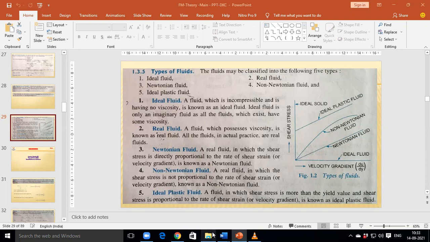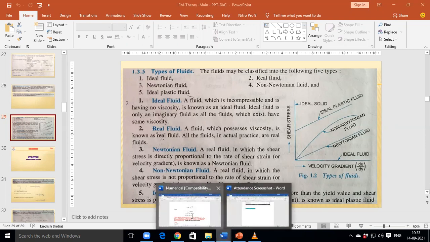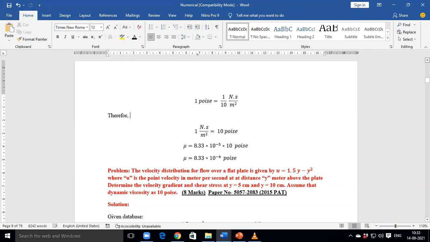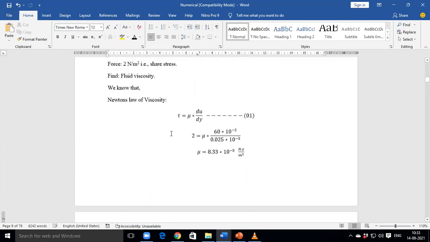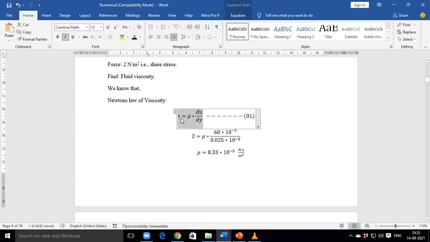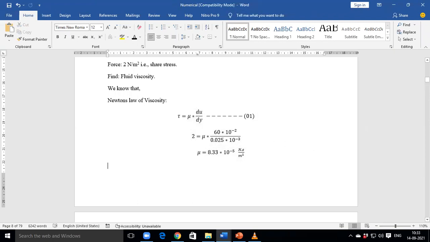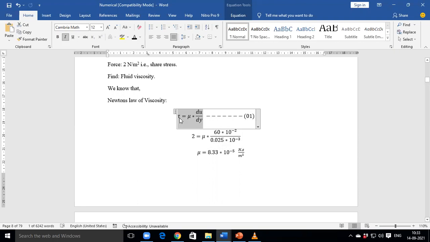And you know Newton's law of viscosity. What is the equation of Newton's law of viscosity? Tau equals mu into du by dy. We can write this equation in terms of the y is equal to mx form. Here m means slope.